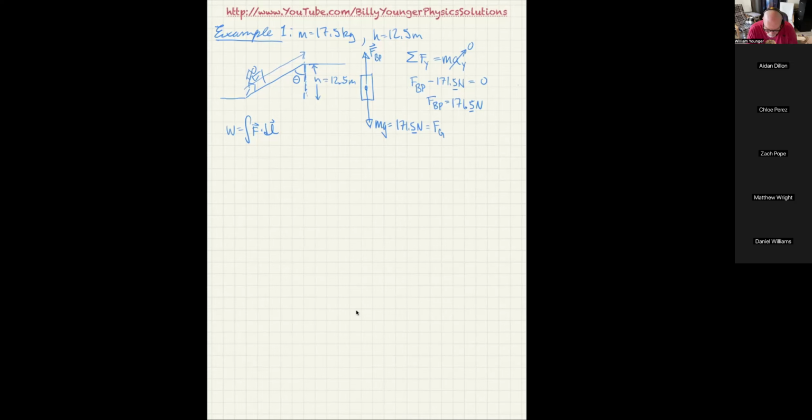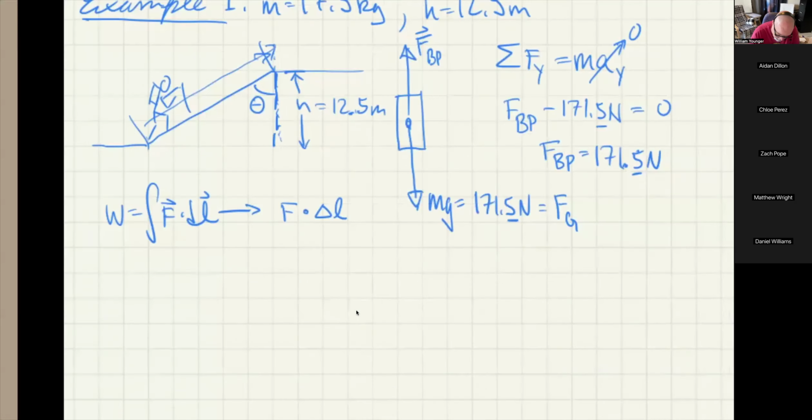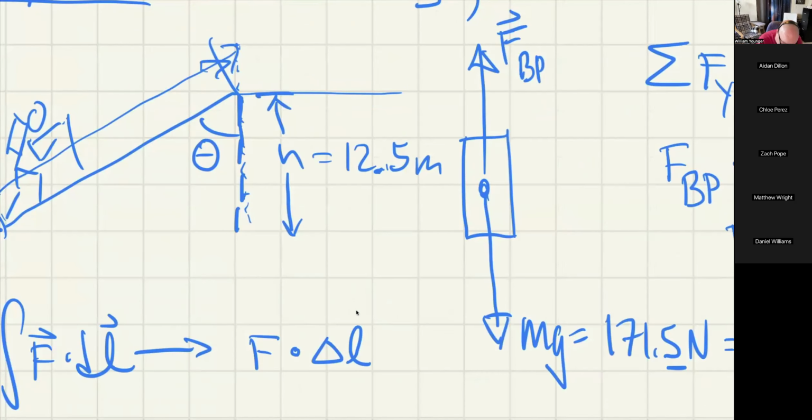So in this case, it is a constant force, so the work ends up becoming just F dot, let's say, delta L, where delta L technically should be that distance right there. Let me clean this up just a tad bit.